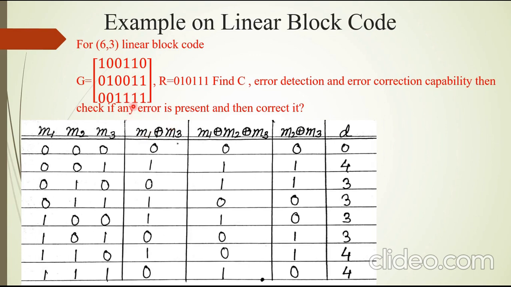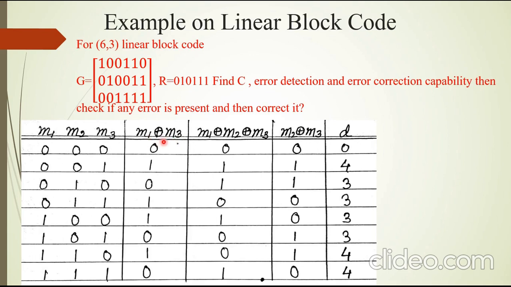Whenever message M2 is multiplied by this 0, it would be 0. So it is the combination of M1 and M3, so it will be M1 XOR M3. Now I have to find M1 XOR M3.